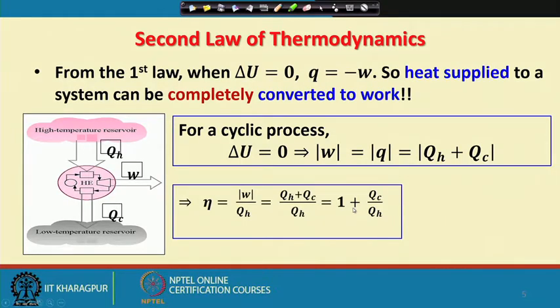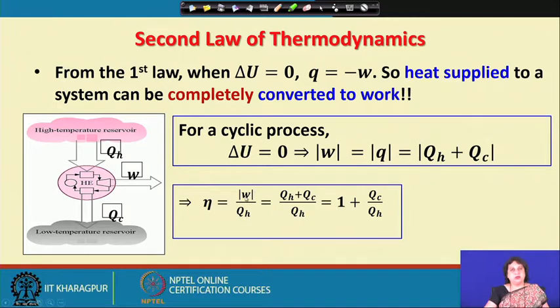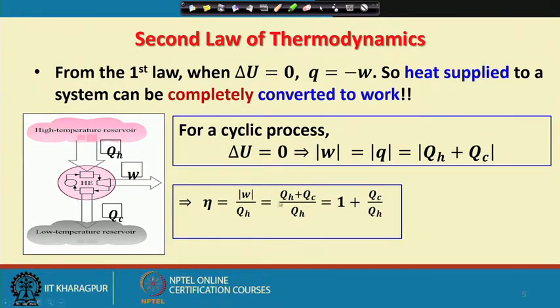The consequence is that we describe the efficiency of the heat engine as the magnitude of the work done by it divided by the input. So, output divided by input. For the maximally efficient engine, eta must be equal to 1. Now, I look at the expression of eta, and I find that eta is 1 plus QC by QH.